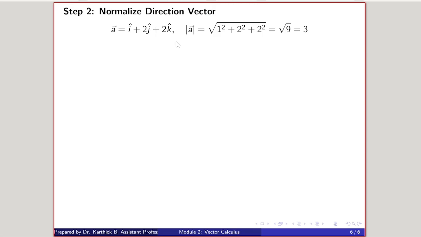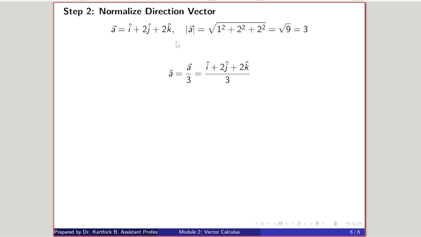Then we go for the normal direction vector, which will be a cap. A cap will be a vector by modulus of a vector. This is our a vector, given in the problem. Modulus of a vector is the square root of the sum of the squares of the terms. So I am taking the terms and squaring them. Finally I am getting 3. So a cap will be a vector by 3.